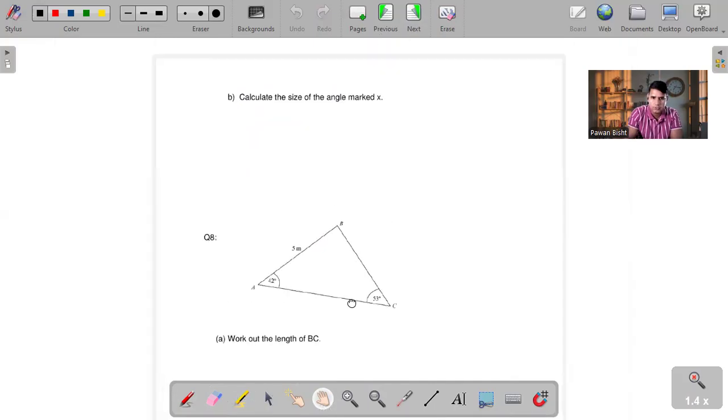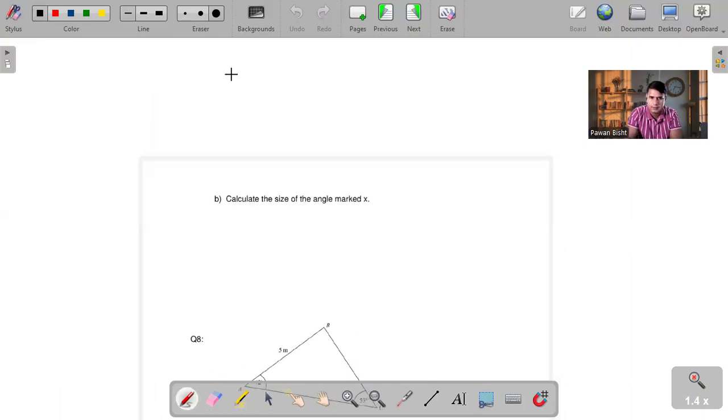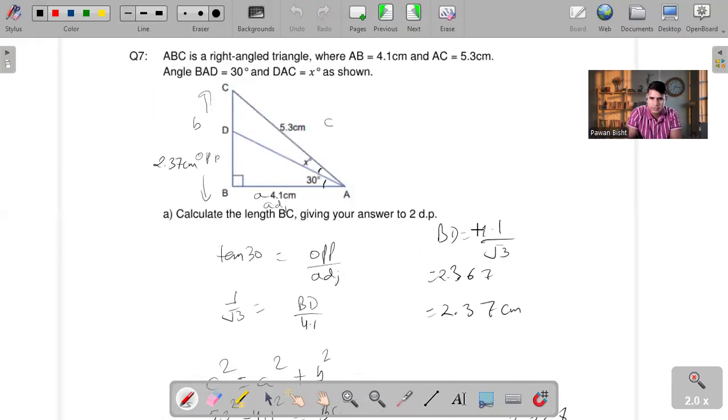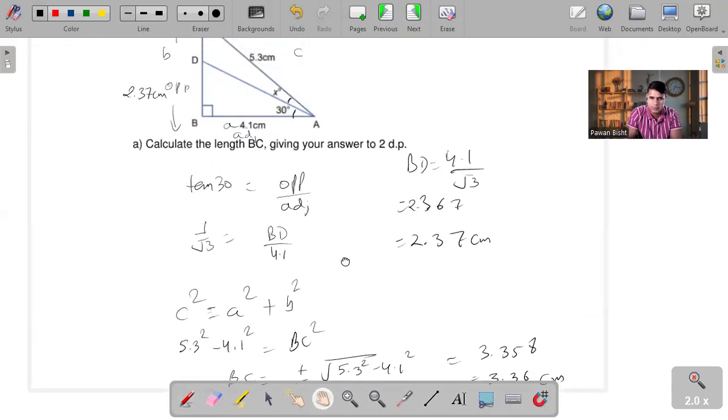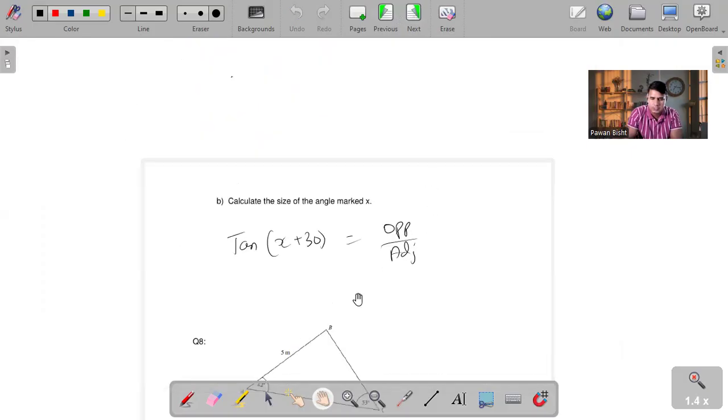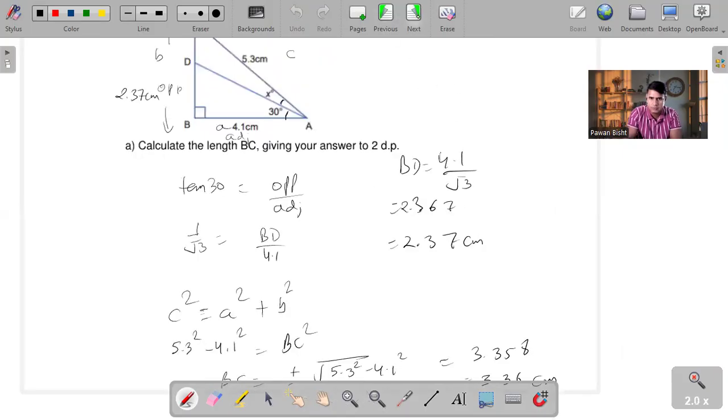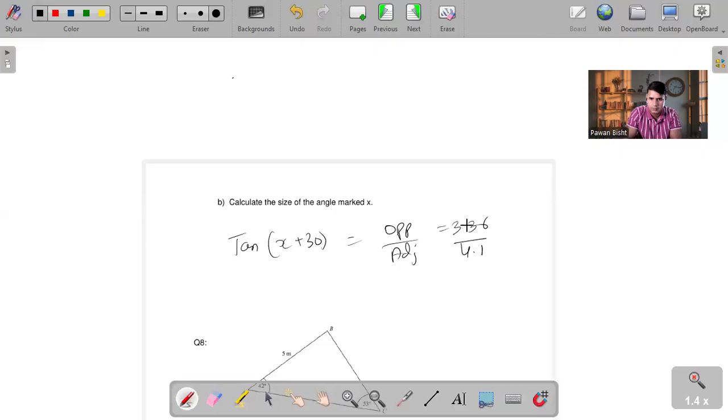Okay, so you apply tan x plus 30, opposite over adjacent. Opposite we just calculated how much? 3.36. Okay, so opposite is 3.36, and what is adjacent? 4.1. Okay, so x plus 30 is equals to tan inverse of 3.36 divided by 4.1.